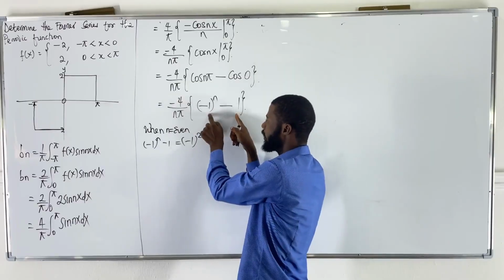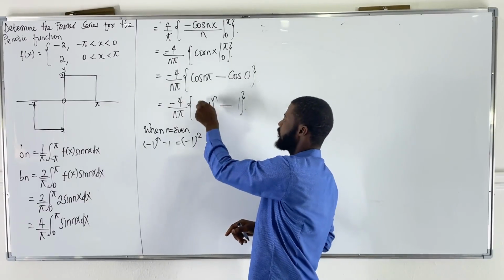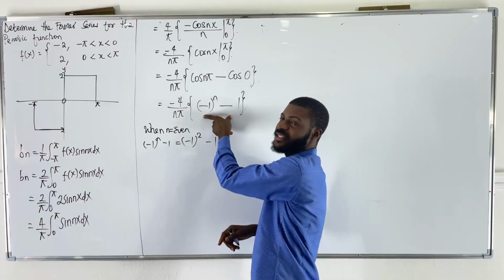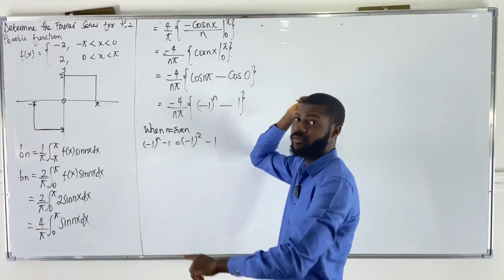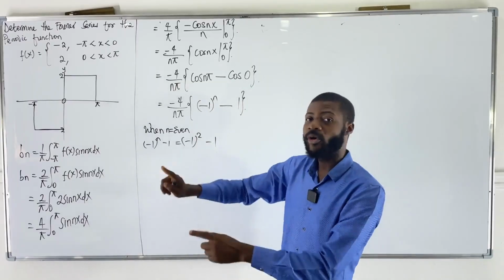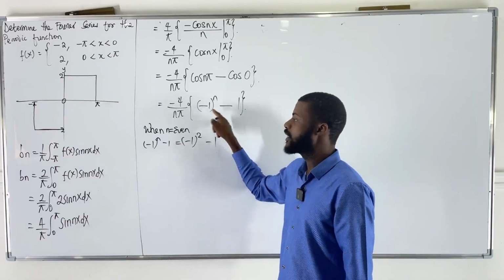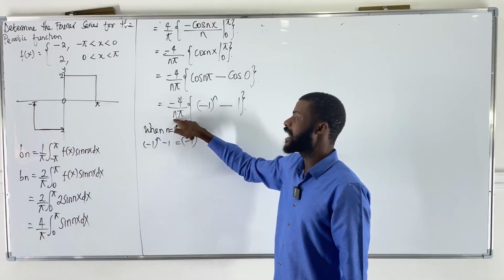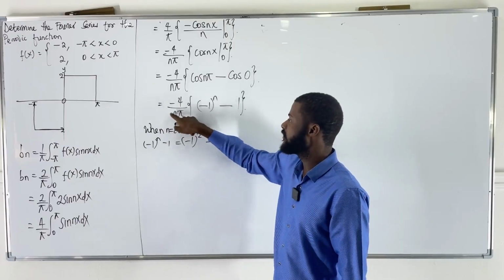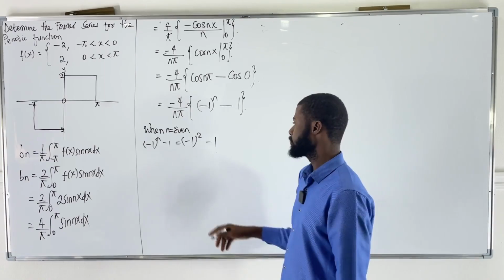The answer for this bracket when it's even is the same for all even numbers. The answer for this bracket when it's odd is the same for all odd numbers. So the behavior of this bracket is important, not this very n. This n has different behaviors. There's a different result for this when it's even and when it's odd.